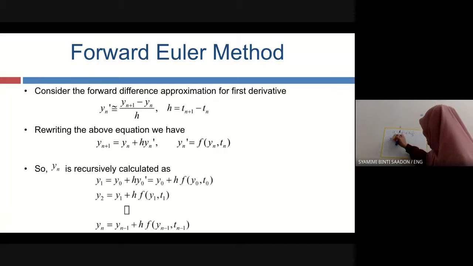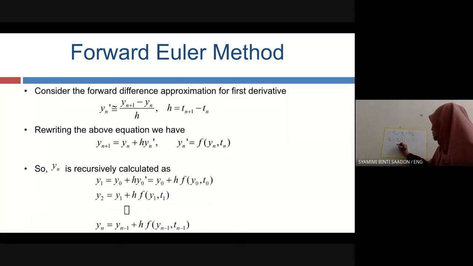We write yn prime first. The general equation just now is yn prime equals yn tn square minus 1.1 yn.